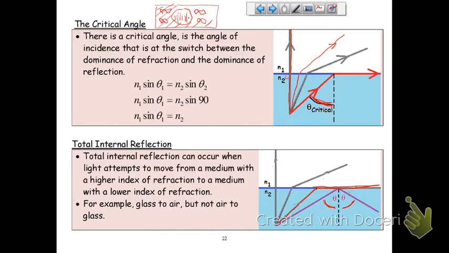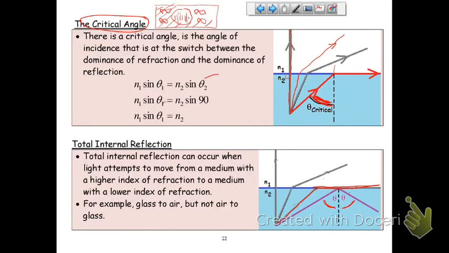Now, the book goes on, and I want you to know what critical angle is. The critical angle is the angle of incidence that gives you a refracted ray that goes along the surface. And it has a special equation for it. But this is just Snell's law, with that equal to 90 degrees. So don't learn a special equation for it.